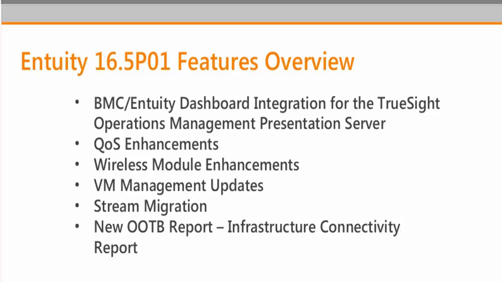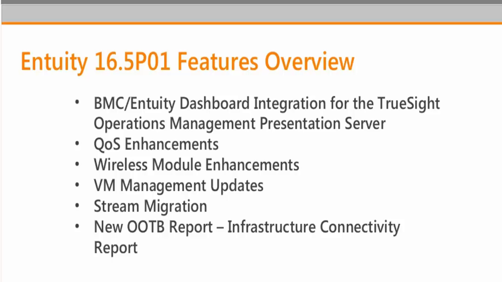However, we've also added extra visibility not only at the port level, because these are all port concepts. The QoS configuration applies to each port, but also at the device level. So if there is any QoS configuration on a device, it will be exposed at the device level. And Larry can take you through that in just a moment.